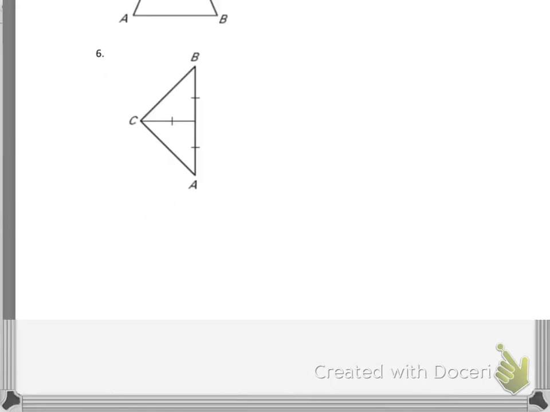Okay, number 6 is a little bit trickier. I want to know, do I have enough information to conclude that C is on the perpendicular bisector of segment BA? And the answer is no. I know it's on the bisector, and that's because I see that that segment's been bisected.